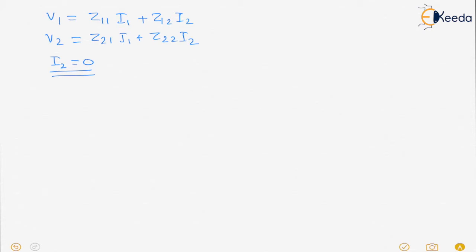We will find them out with the help of two given equations, that is V1 is equal to Z11 I1 plus Z12 I2 and V2 is equal to Z21 I1 plus Z22 I2. If we have I2 is equal to 0, then this is first equation assume, this is second equation assume. When I2 is equal to 0, the first equation can be written as V1 is equal to Z11 I1.